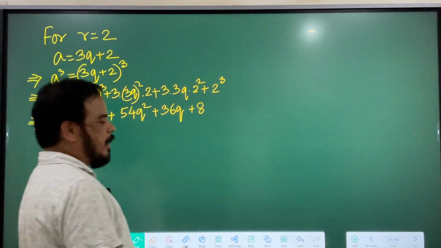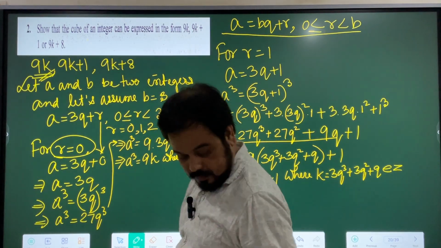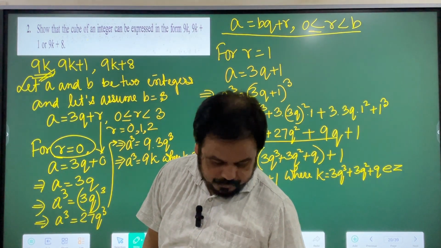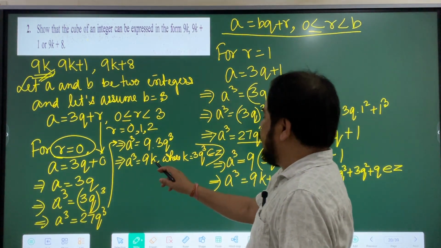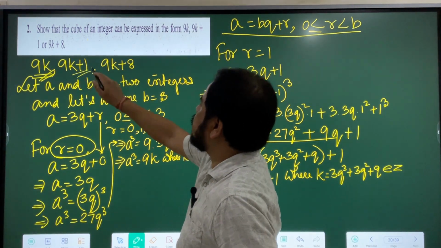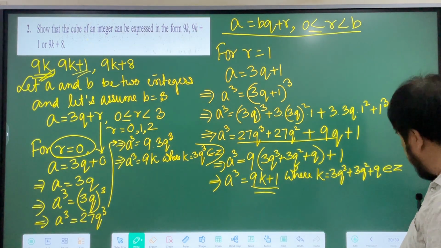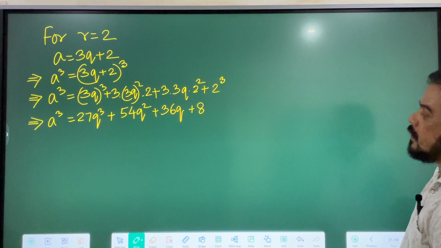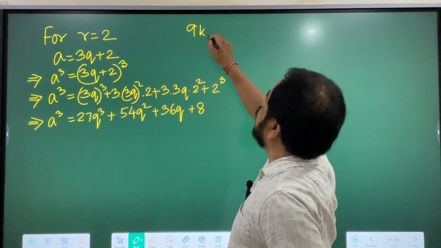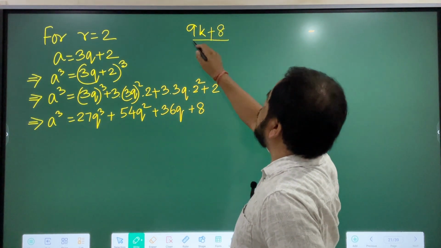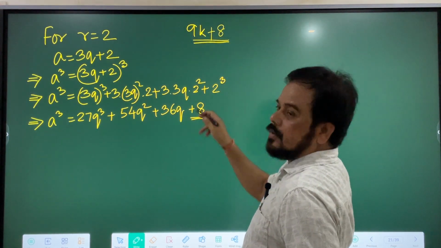What is our aim to get? 9k plus 8. We have got 9k already, we have got 9k plus 1 earlier. So what is left? 9k plus 8. Let us see whether from here we get 9k plus 8 or not. By looking at this term, at least we understand plus 8 is there.